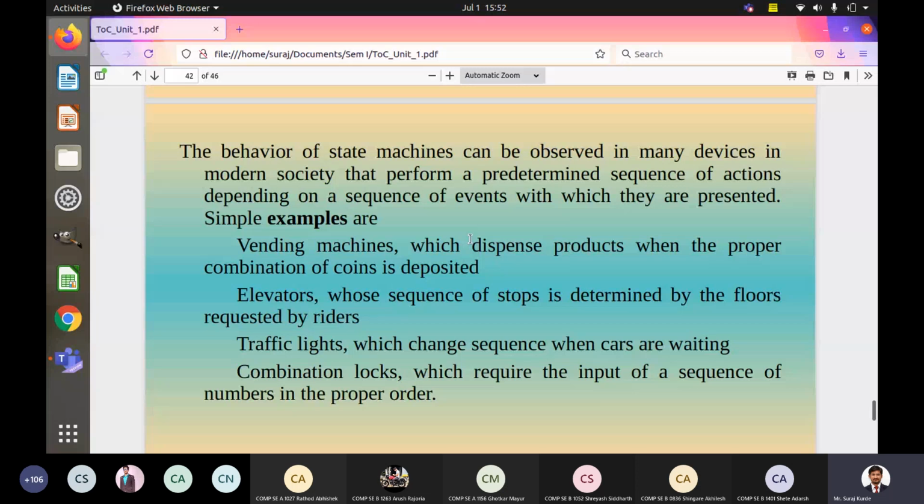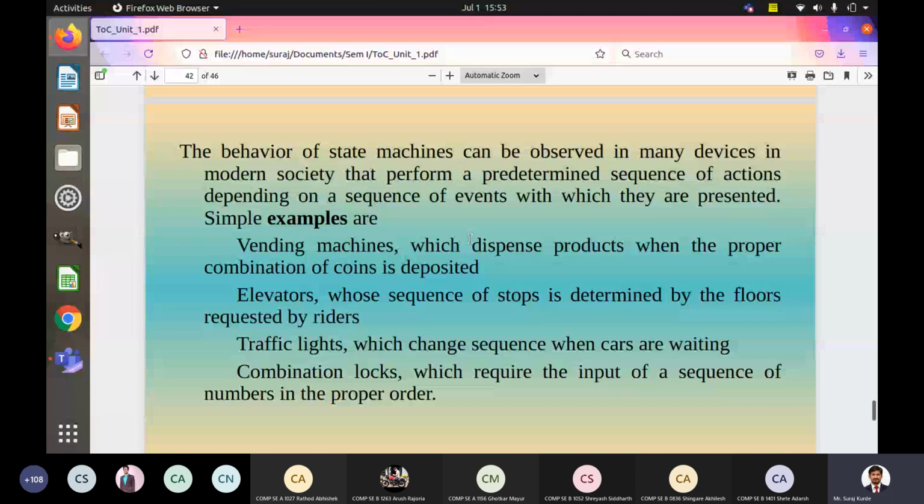Then traffic lights, which change the sequence when the set time is reached. For that particular time, it remains in one state. After the time trigger, it goes to another state, from red to green, green to orange, and so on. Then combination locks, which require an input sequence of numbers in the proper order.